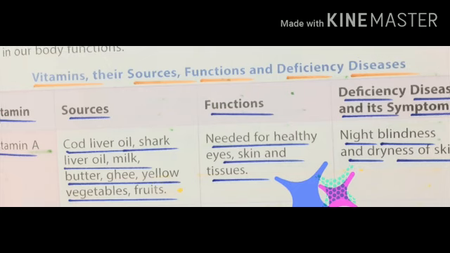Here I am taking the first vitamin, that is vitamin A, which is needed by our body for healthy eyes, skin and tissues. Now, what are the sources of this?